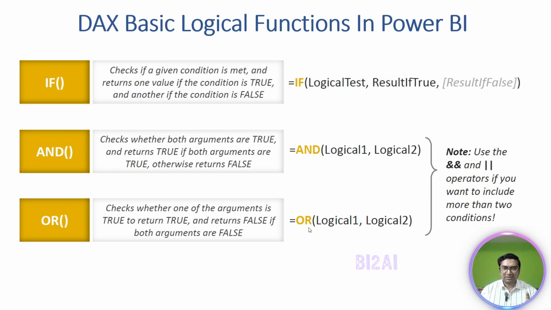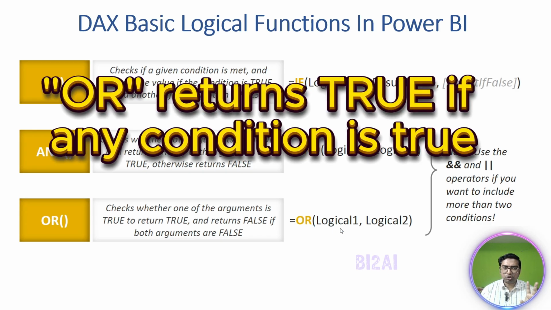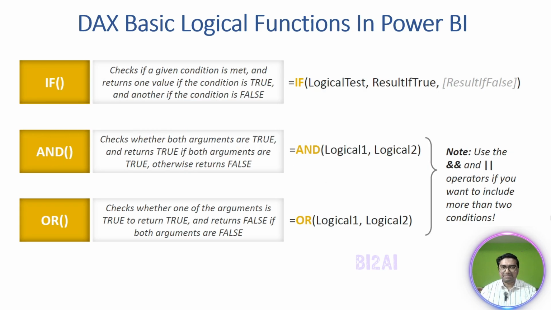The third one is OR, which also takes two conditions. If either one of them is true, it gives the true result, otherwise the false result.